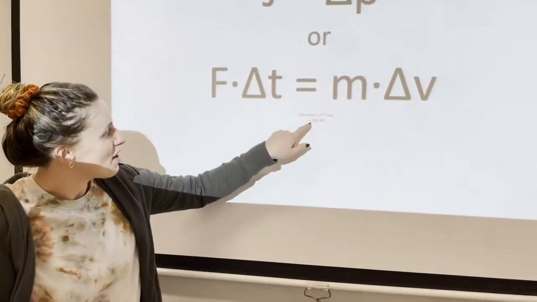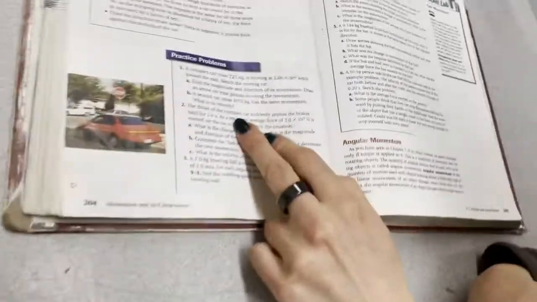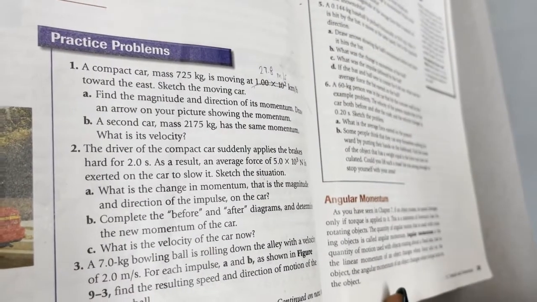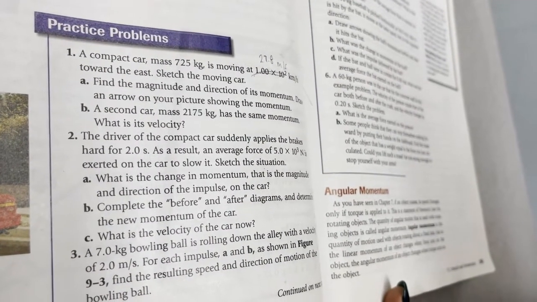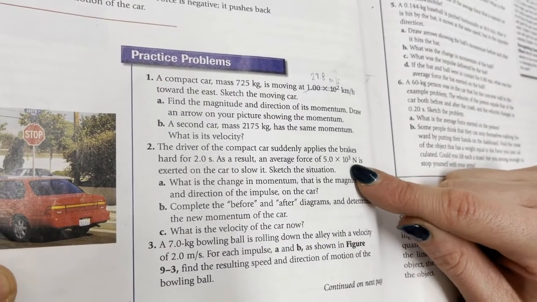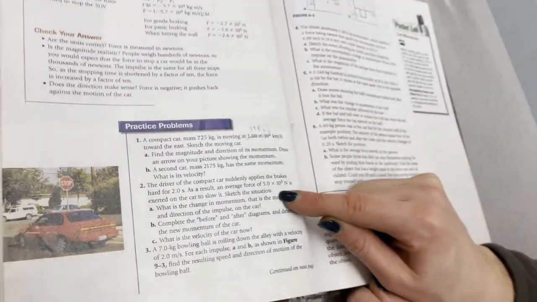So down here it says page 204, number 2. The driver of the compact car suddenly applies the brakes harder for 2 seconds. As a result, an average force of that many newtons is exerted on the car to slow it down.